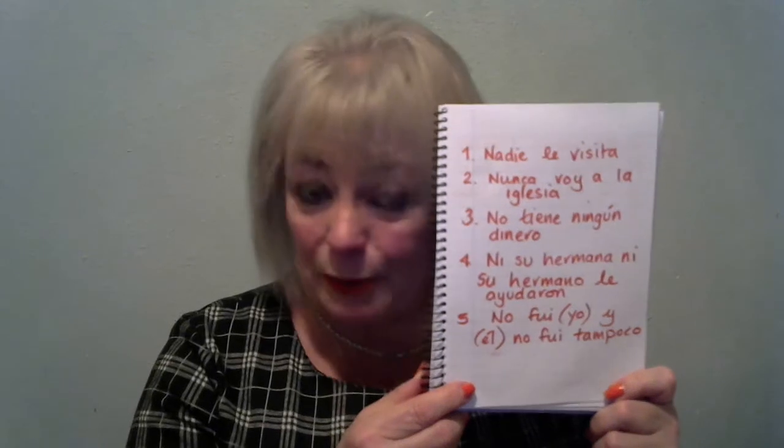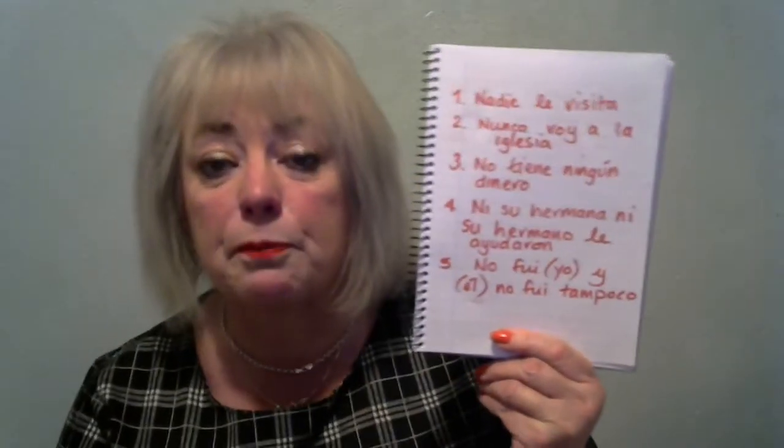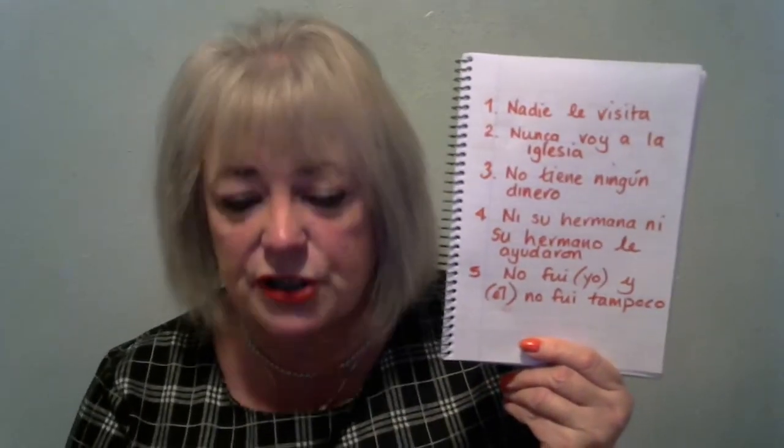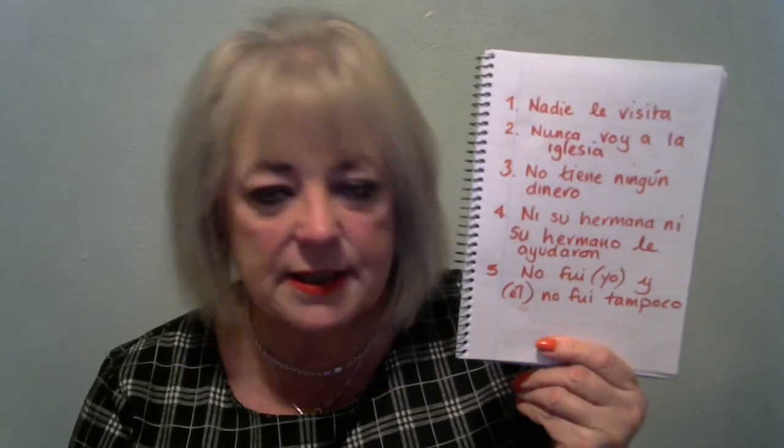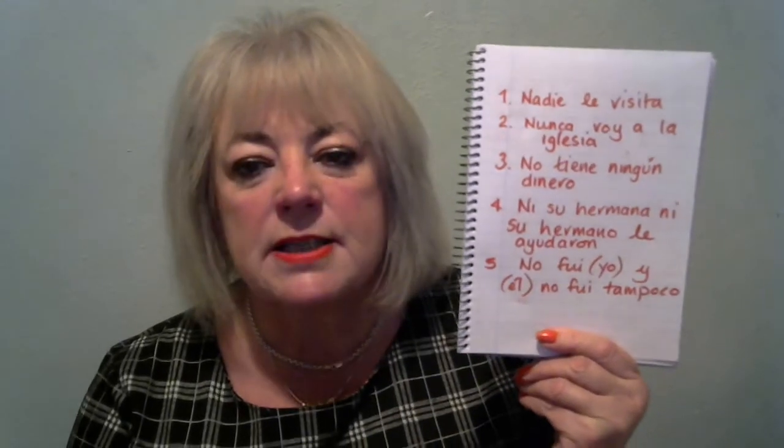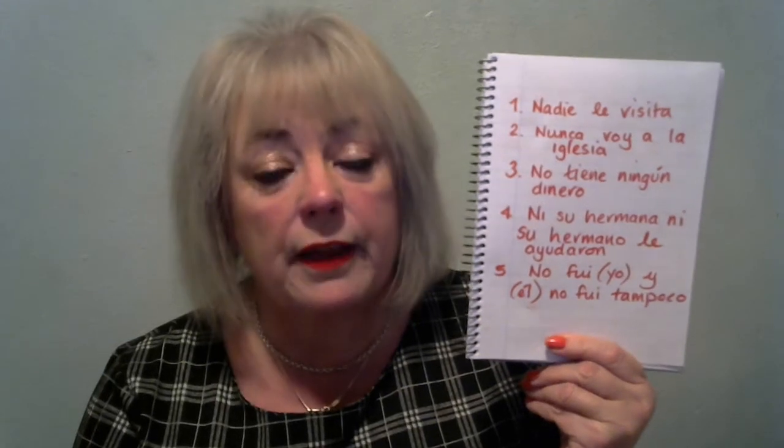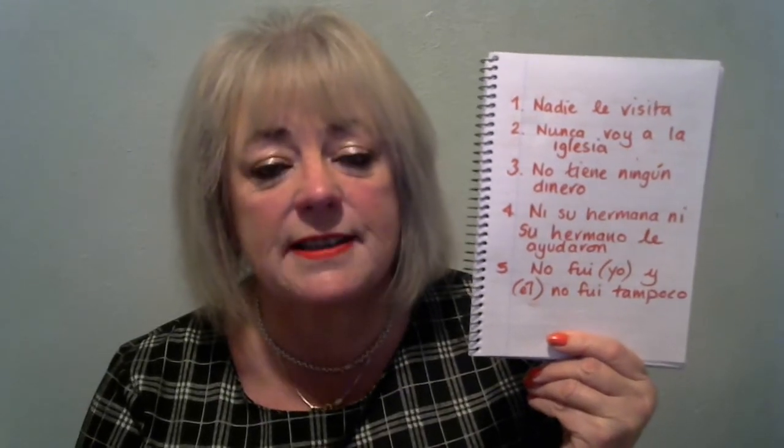Again, if you don't know about pronouns, you need to look at the YouTube tutorial, because I'm presuming you know what pronouns are. I'm just explaining to you how they fit in this test. So really, we could use lo there. Nadie lo visita. Was it him? The question, presuming it was him, or was it her? It's her. So we could use la.